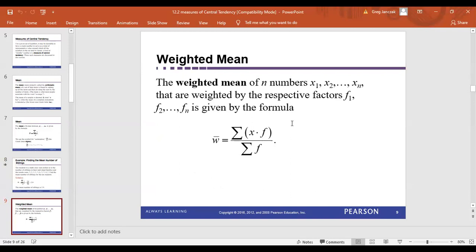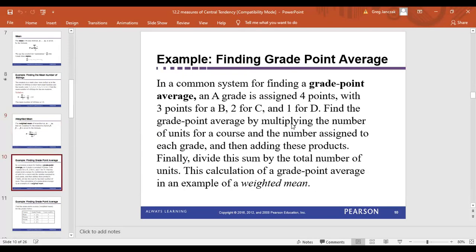Usually for a grade point average, A is considered 4 points, B is considered 3, C is 2, D is 1, F is a 0.